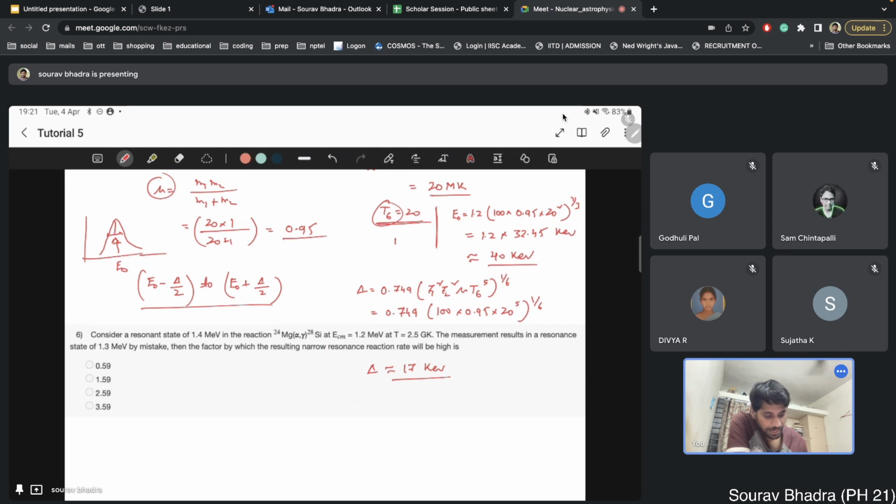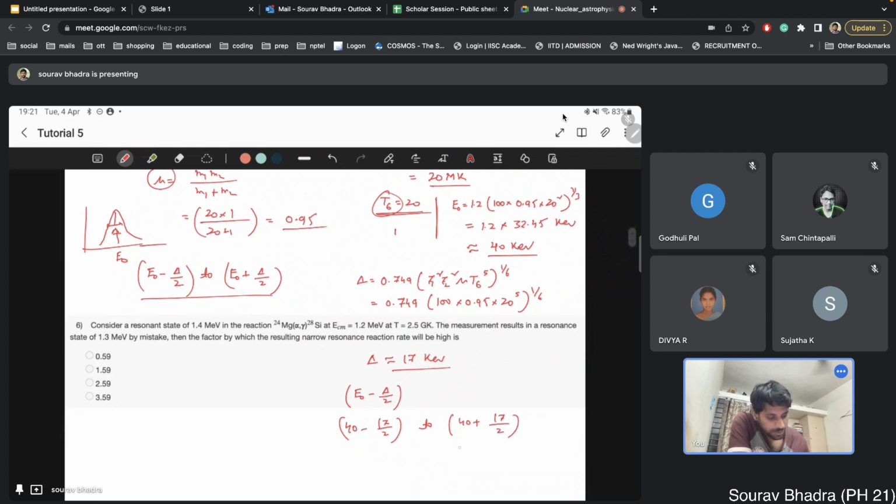Now the energy window will be E0 minus delta by 2, that means 40 minus 17 by 2, to 40 plus 17 by 2. So 17 by 2 is roughly 8.5, and this will give you 31.5 keV to 48.5 keV. So this is the energy window.